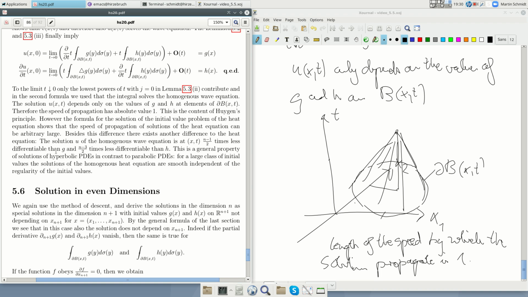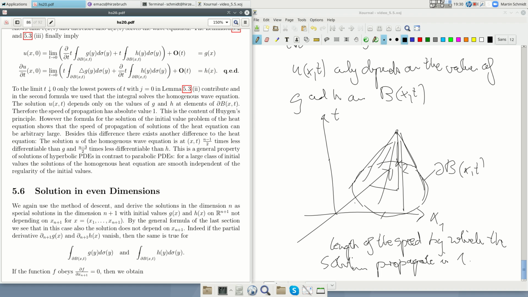So this is an important difference to the heat equation. The regularity is smaller than the regularity of the initial values, and the speed of propagation has absolute value 1. These are two important differences to the heat equation.